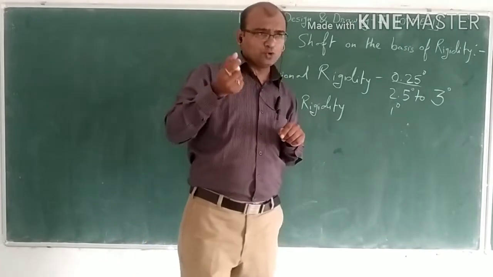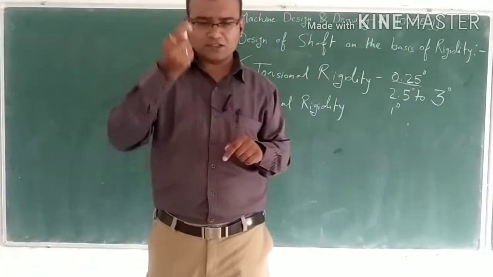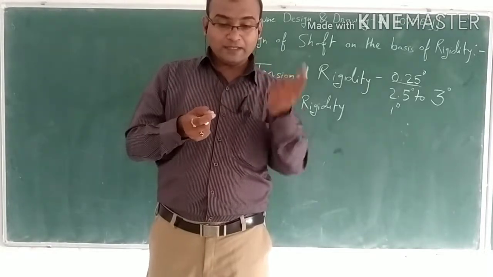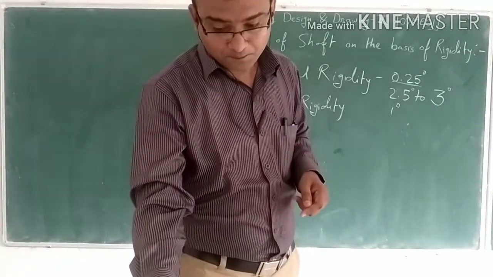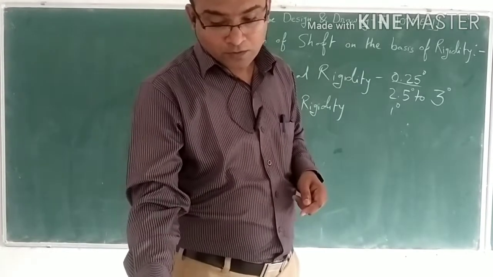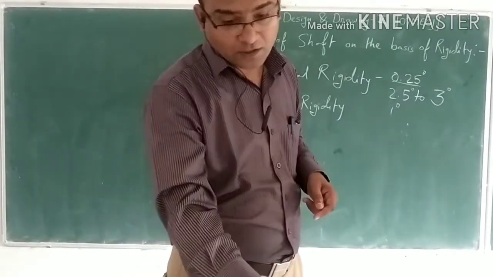When you design the shaft, you can calculate the small d, and take 20 times this diameter of shaft. That is called the deflection of shafts.